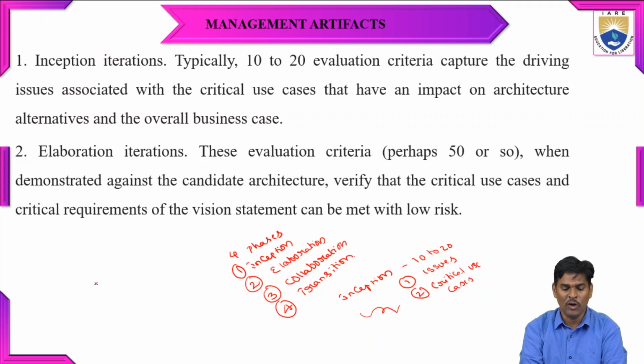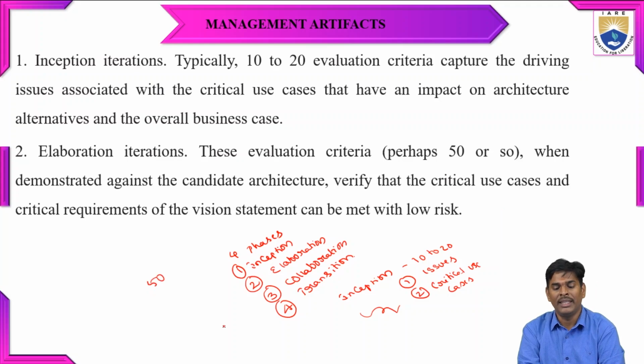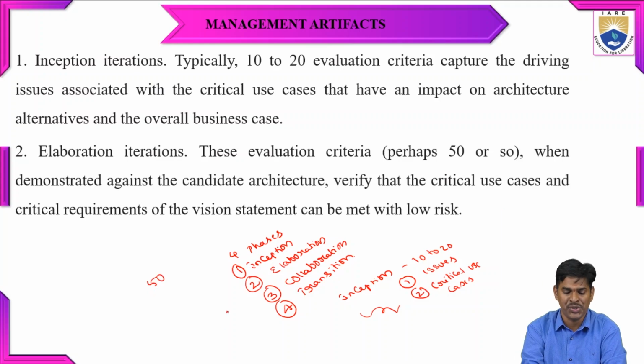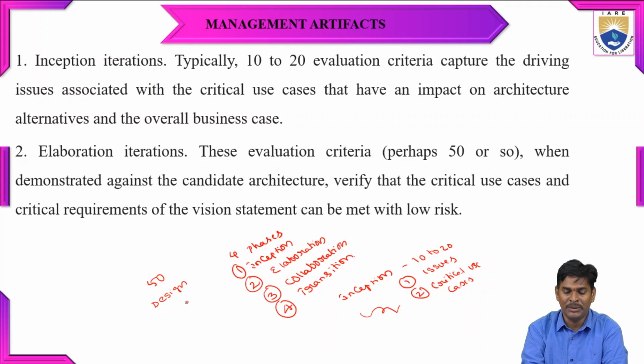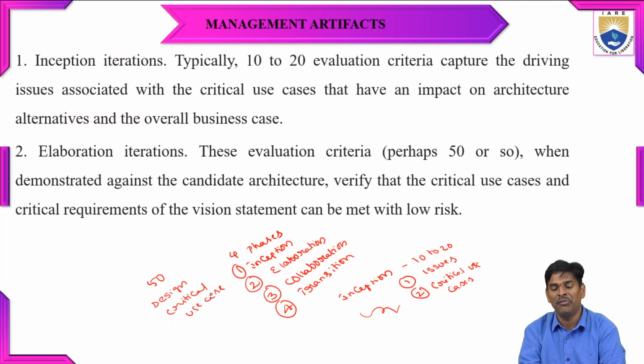The next one is elaboration. In the elaboration, they can consider 50 evaluation criteria, and they need to have a demonstration of the design part. They need to check what the critical use cases are for the architecture. And also the critical requirements of the vision statement can be addressed with lower risk.